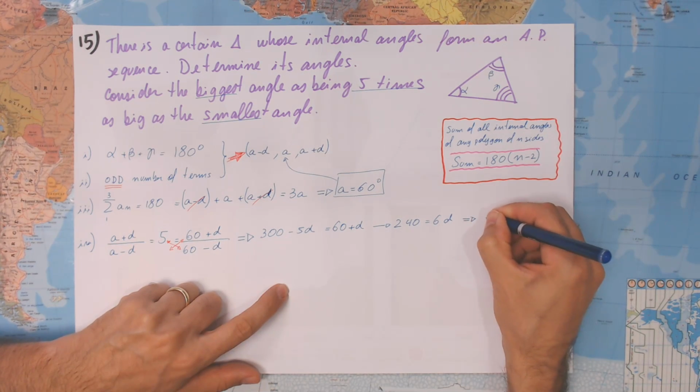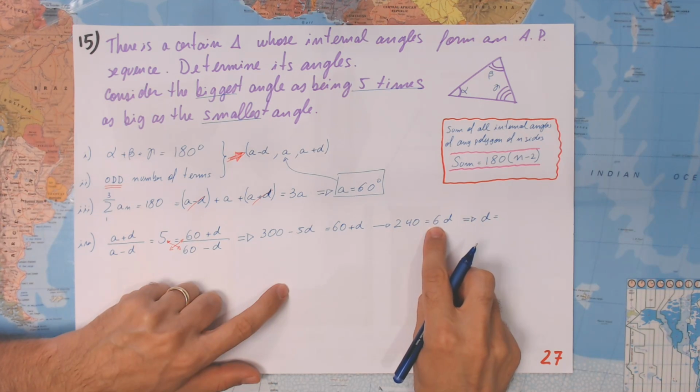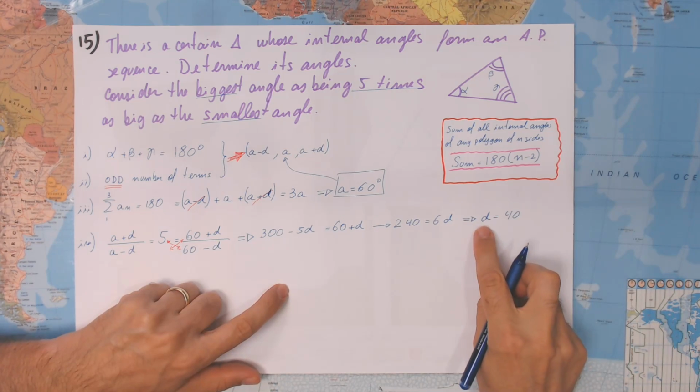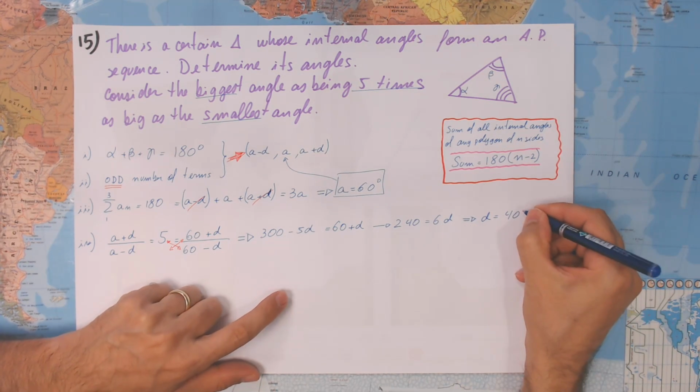Therefore, D is going to be what? 240 divided by 6 is 40. So D equals 40. I can say 40 degrees, no problem.